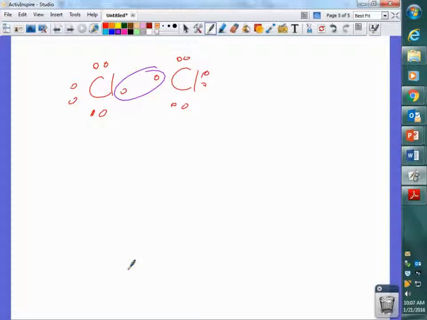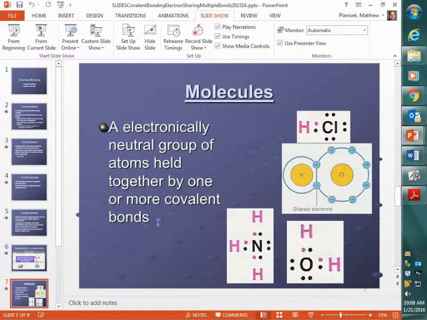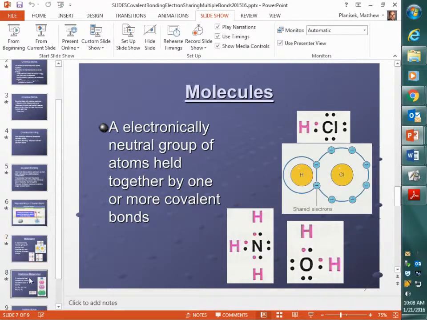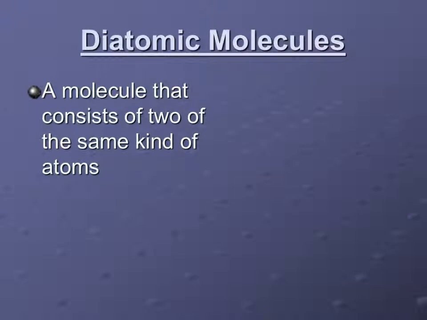But this is a specific type of molecule because what's true about the 2 atoms that are being held together? They're the same element, right? This is a specific type of molecule that we call a diatomic molecule. Because there's 2 atoms, right? But specifically, those 2 atoms are the same kind of atoms or the same element.